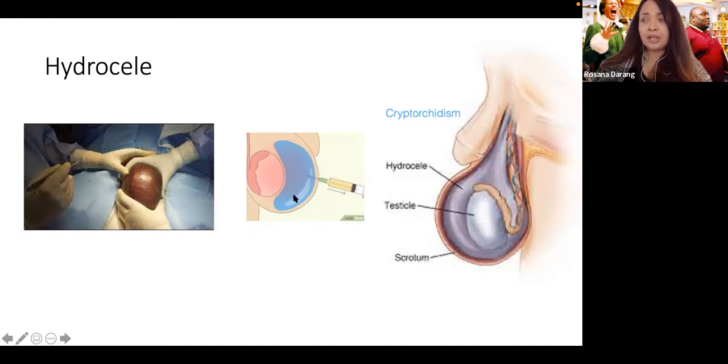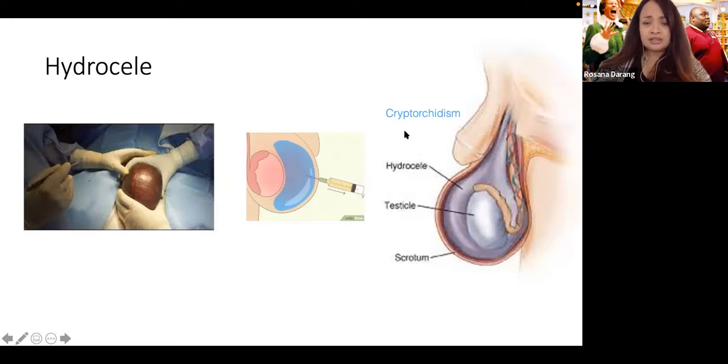So there are many causes of hydrocele. One of them, of course, would be infection, inflammation, and maybe it could start off as a herniation from the abdominal cavity.